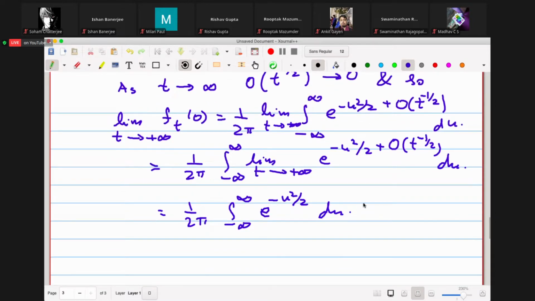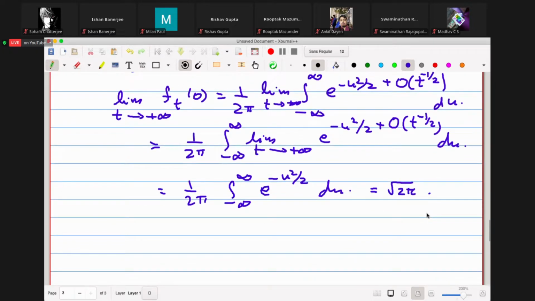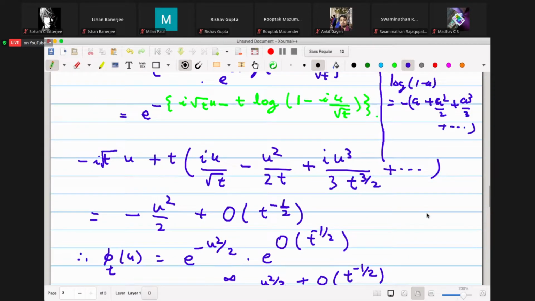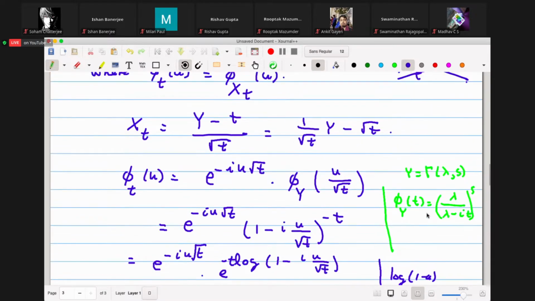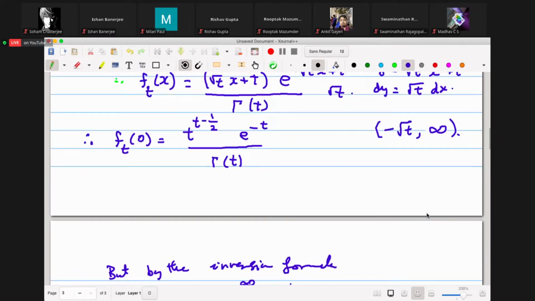But that's exactly equal to square root of 2 pi. Okay. And now put this there. So what goes to square root of 2 pi? Look at the thing that we already computed. So here, this quantity goes to square root of 2 pi as t goes to infinity.